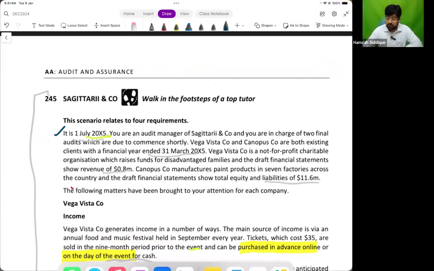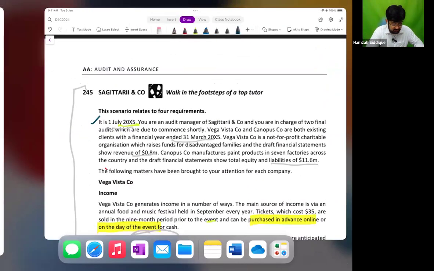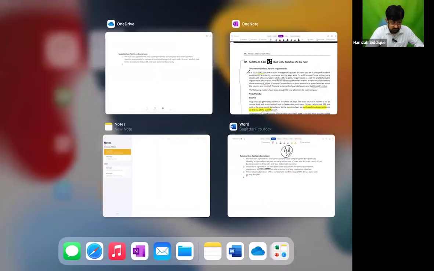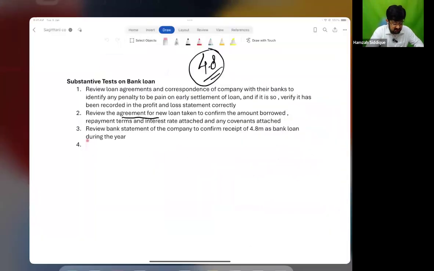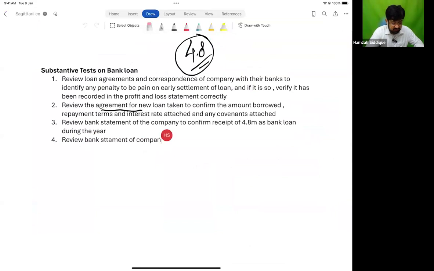So review bank statement of company to verify the quarterly installments on 31st March and 30th June have been repaid.